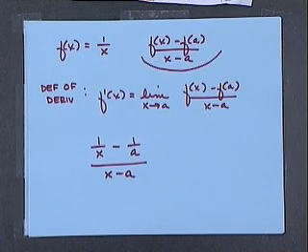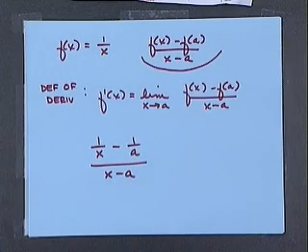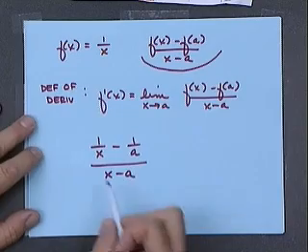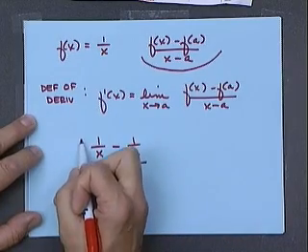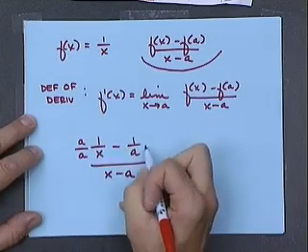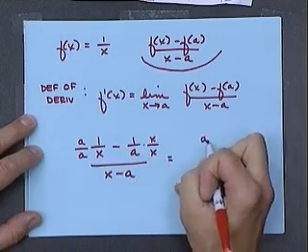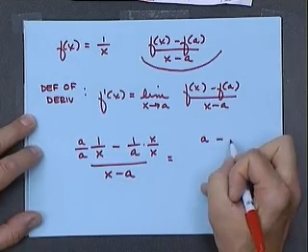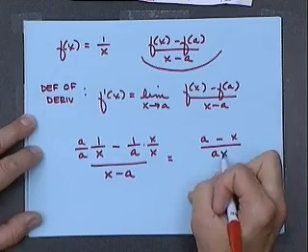Just do what it says and go from there. What's next? Get a common denominator. So that's going to be multiplying by a over a and x over x. A minus x, right? All over ax.